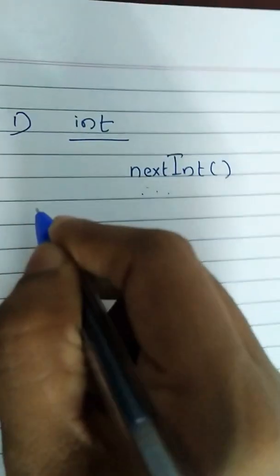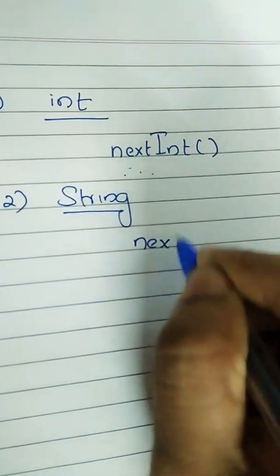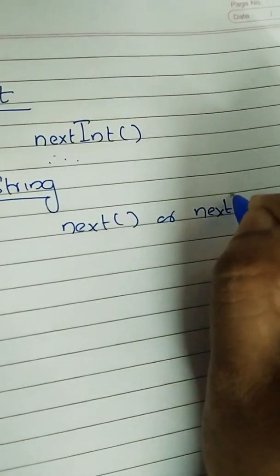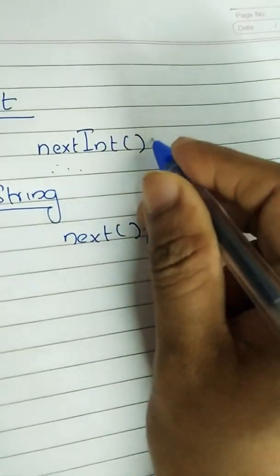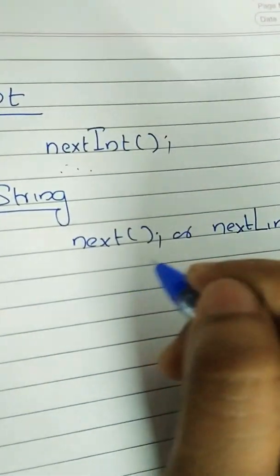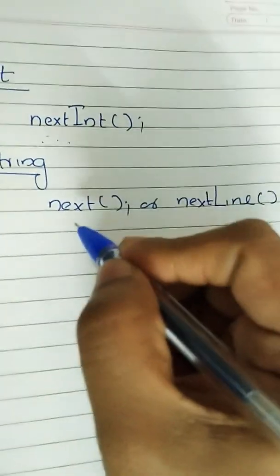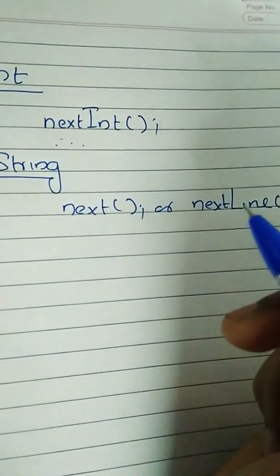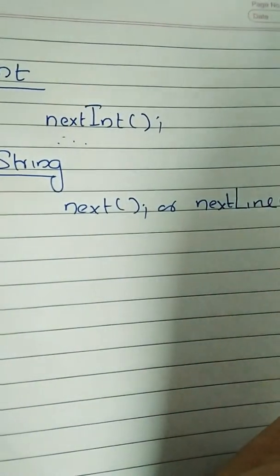And the second one, the method used to retrieve a string value is next() or nextLine(). What is the difference between next() and nextLine()? I will tell you. next() is used to retrieve a single word. nextLine() is used to retrieve a statement. Because in next(), after typing a word, if you press a space, the compiler will take it as the end of the statement.